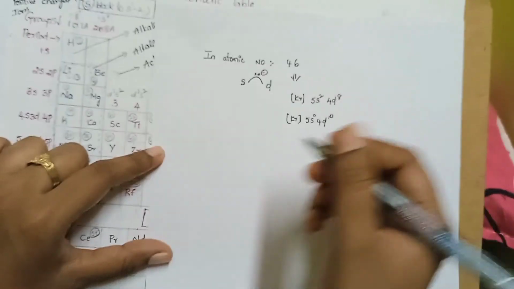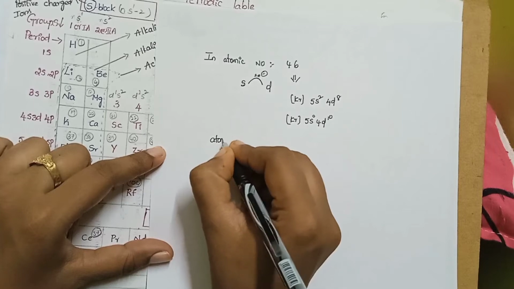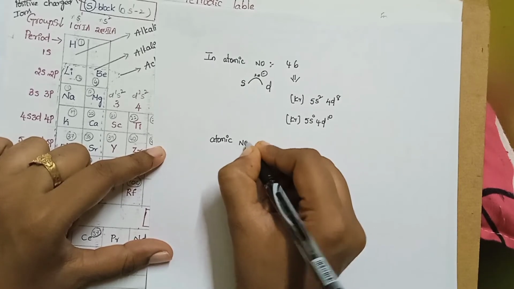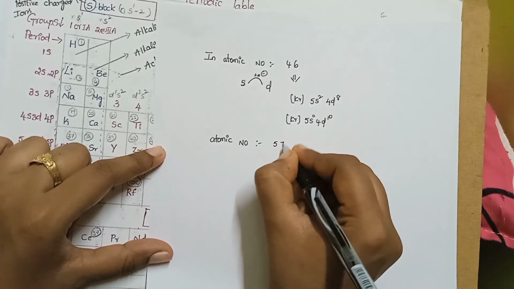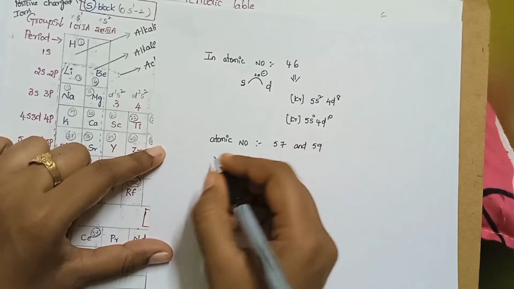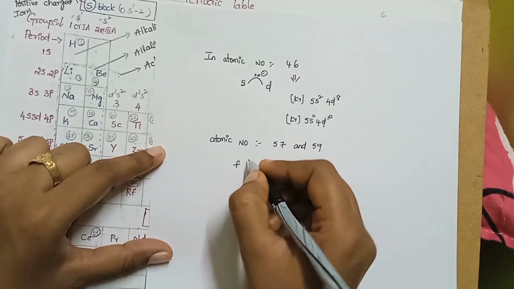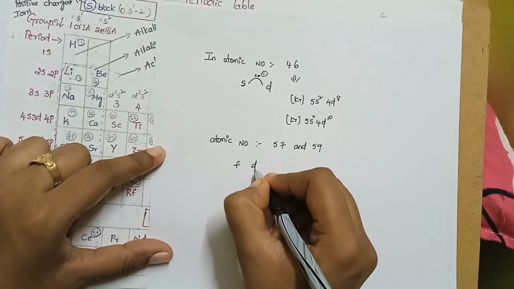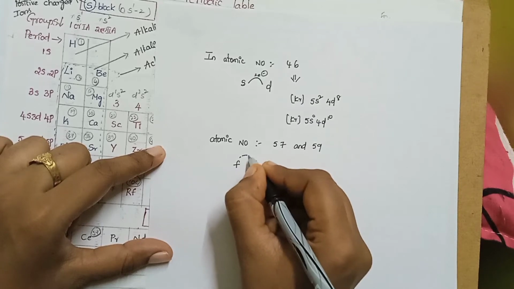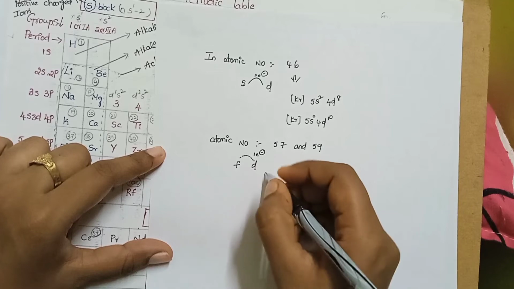I will give another example. The atomic numbers 57 and 59: here the electron transfers from the f subshell to the d subshell, with 1 electron.